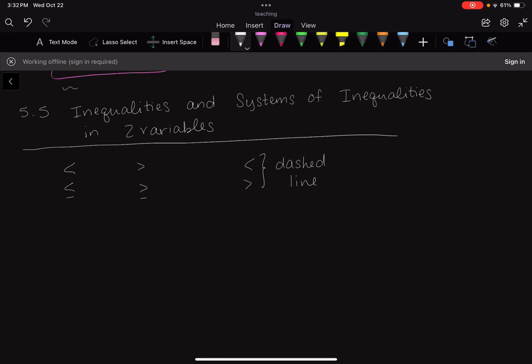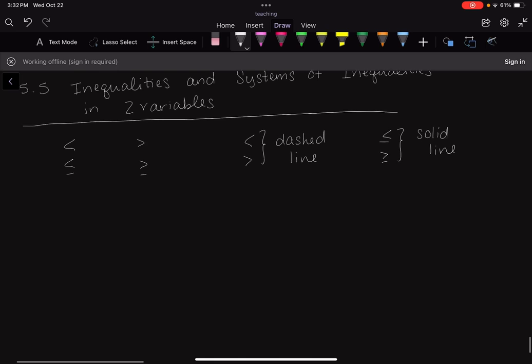So we're going to be graphing these. So it's a dashed line for those. If it has the equal to bar, then we would use a solid line. And I'll explain why when we do an example.